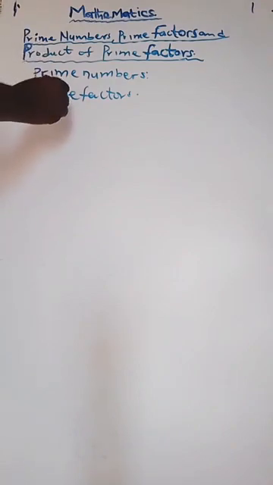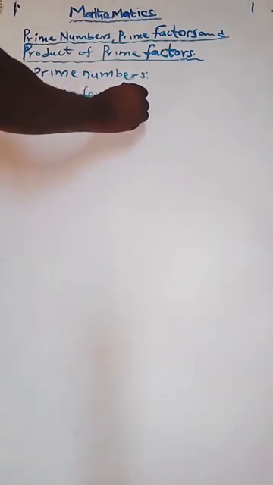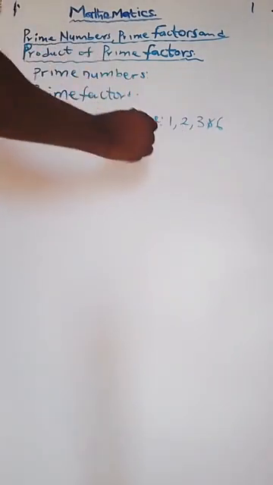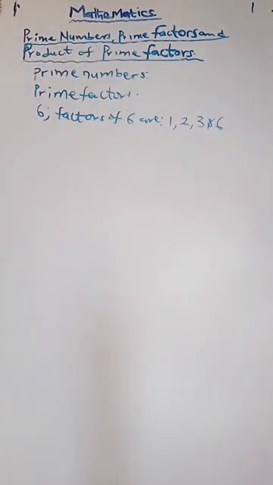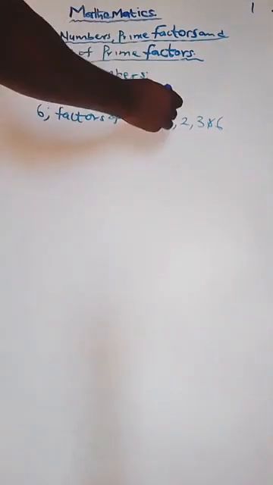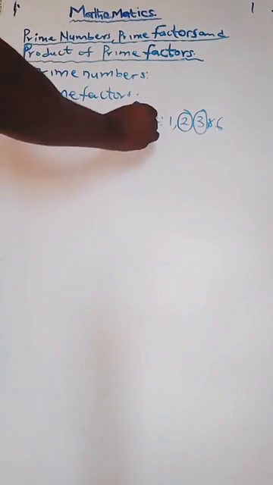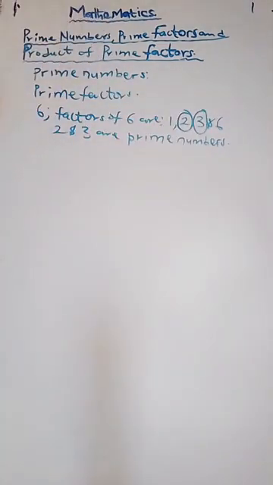Factors of 6 are 1, 2, 3, and 6. 1, 2, 3, and 6 are numbers that can divide 6 without any remainder. So out of these numbers, only 2 and 3 are prime numbers. That is, they are numbers that have only 2 factors, divided by 1 and by itself.